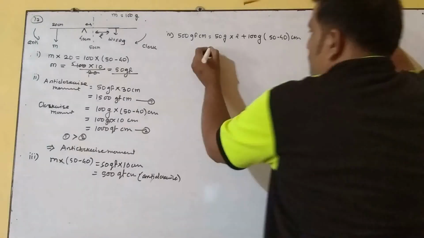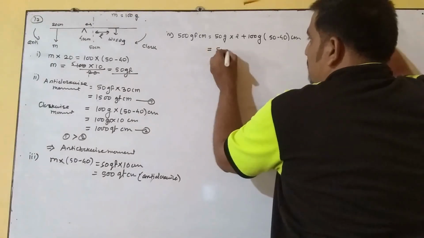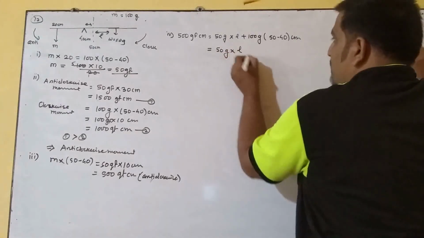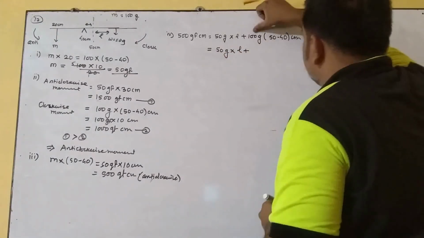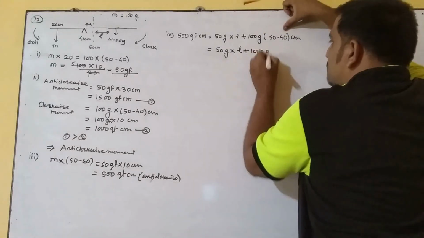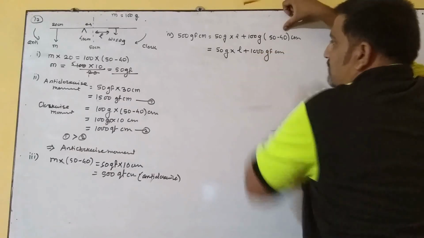So 10 centimeter. So we can say 50 G into L we have to find, plus this 100 into 10 is 1000 GF centimeter, right?